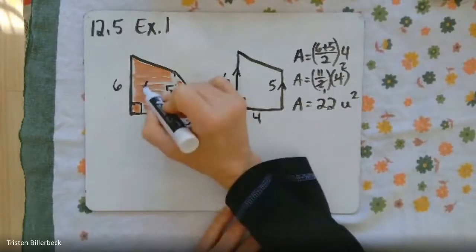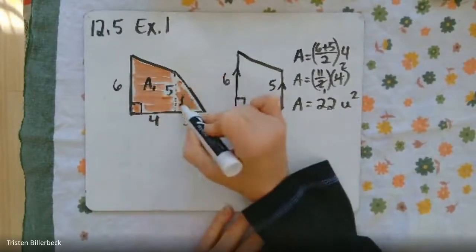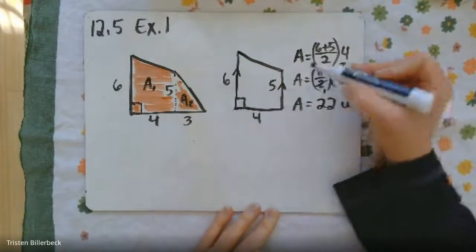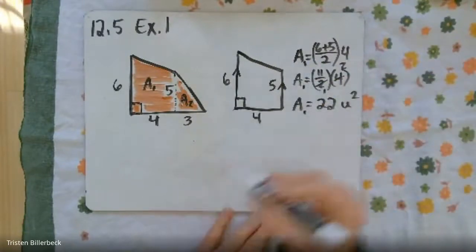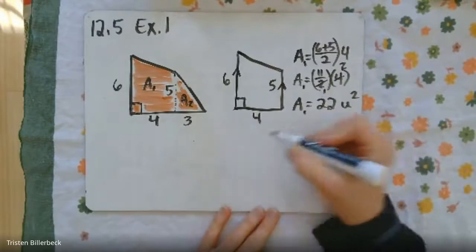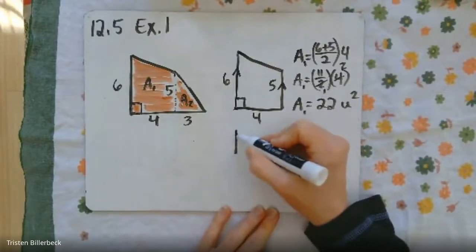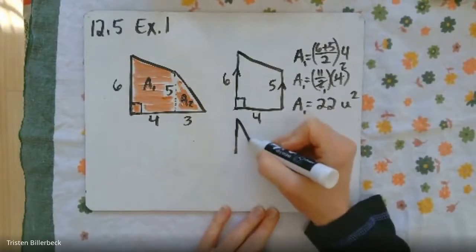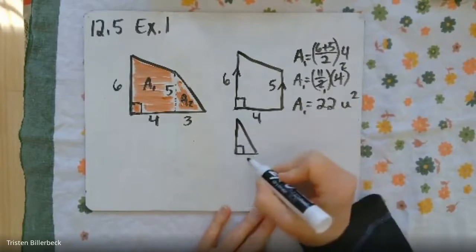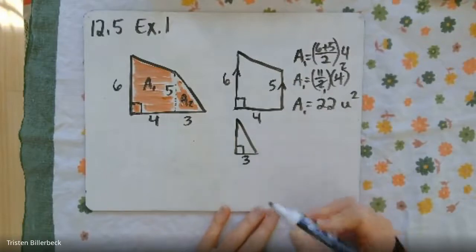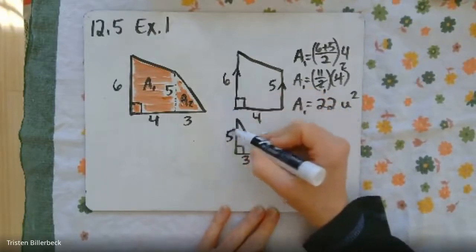If we break this into A1 and A2, we just found A1. Now let's find A2, the triangle. Okay, so we have 3 here, and this is 5.